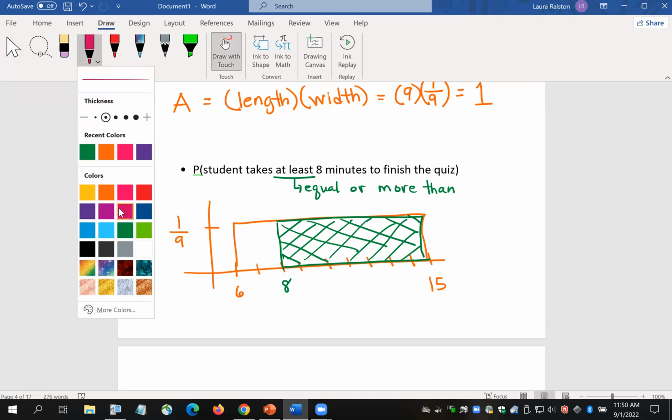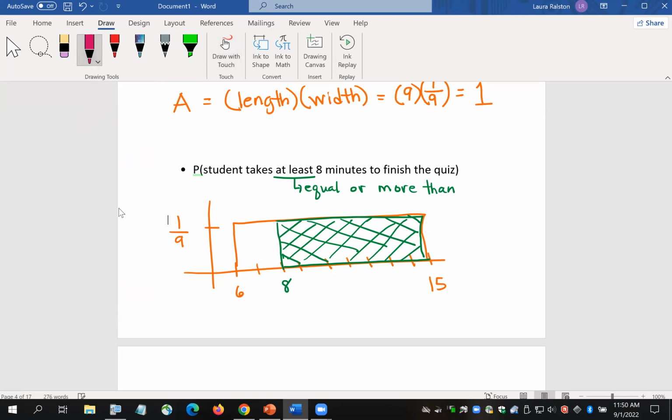So if I figure out the length, 1, 2, 3, 4, 5, 6, 7, which, by the way, 15 minus 8 is 7. So I have a length of 7. And my height, or my width, is 1/9. And I know that area is length times width. So I have 7 times 1/9. I get a fraction of 7/9.